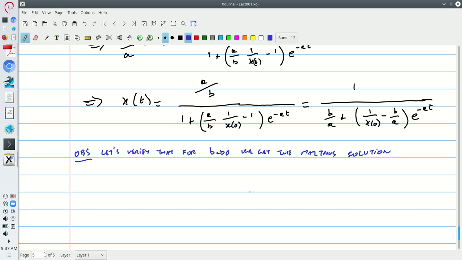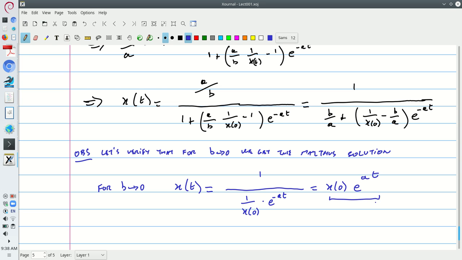So for b that goes to 0 we get that x of t is equal to, and now let's make b go to 0. This fraction goes to 0, this other fraction goes to 0, so we are left with 1 divided by x0 times exponential of minus at. So if we take the inverse of this, we find x0 exponential of at. That is precisely the expression that we got when we were considering the Malthus model.